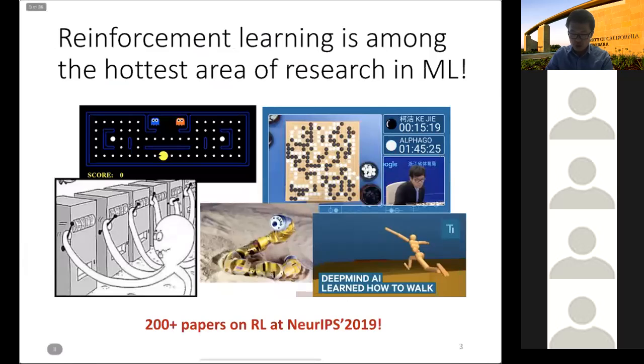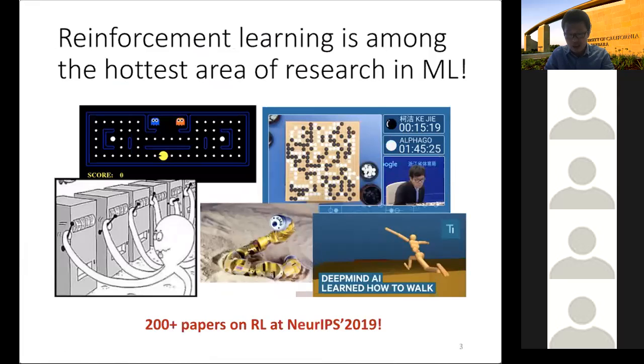All right. So as I said, RL is among one of the hottest research areas in the machine learning community right now. Two years ago at NeurIPS 2019, there were more than 200 papers about reinforcement learning, both in theory and in applications.